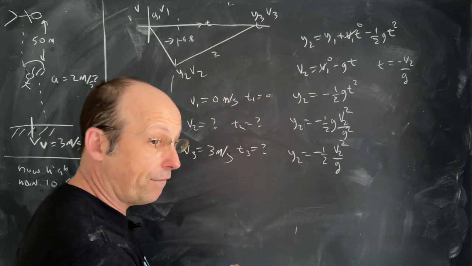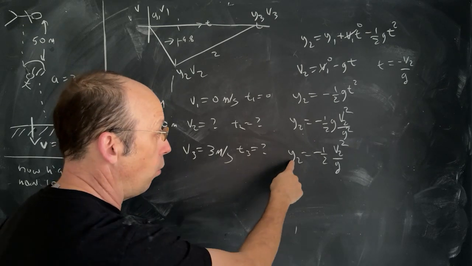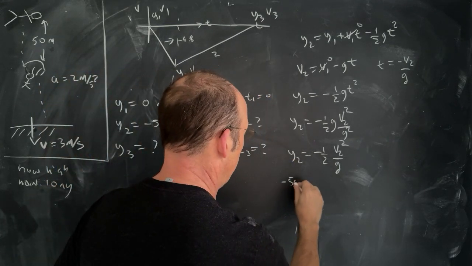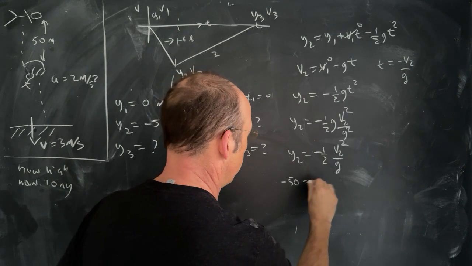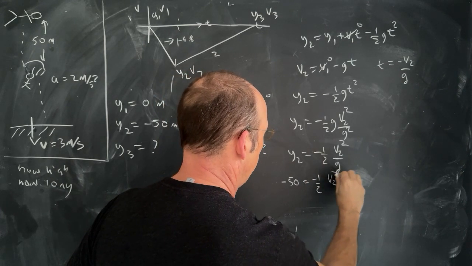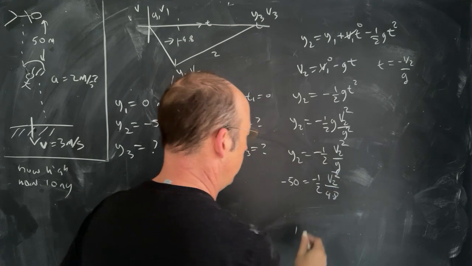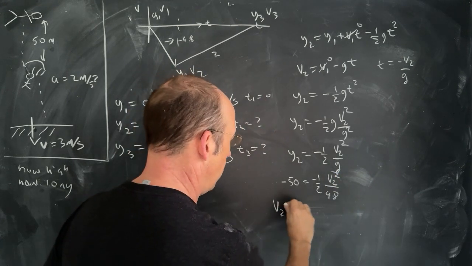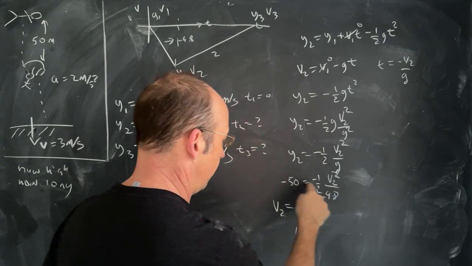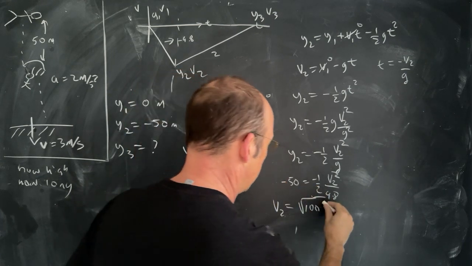So let's go ahead and find our value of v2, right? Because I know y2 is negative 50. So I get negative 50 equals negative 1/2 of v2 squared over 9.8. And then if I solve for v2, I get the square root of 100, because that's that multiplied to that, times 9.8.